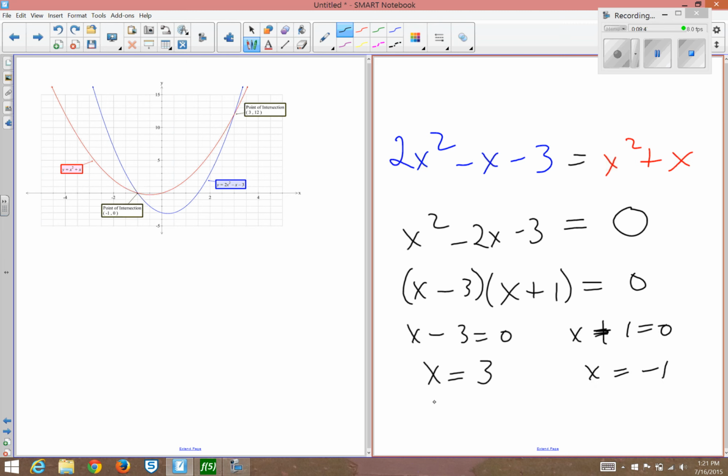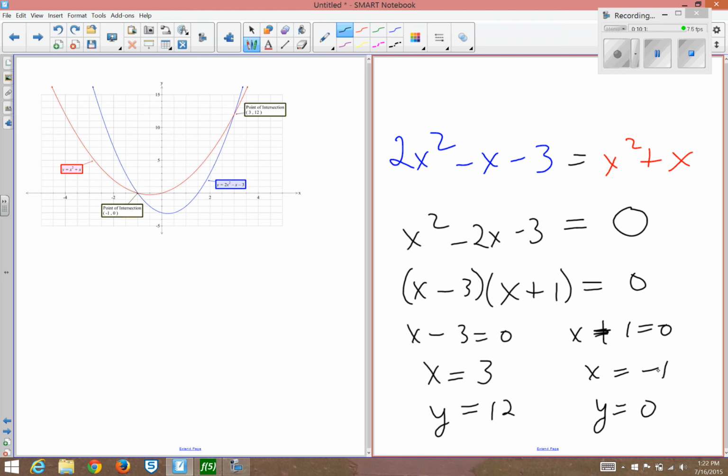And when x is 3, get the y by plugging 3 in the blue or in the red, either one. If you plug 3 into the red, 3 squared plus 3 is 12. You'd get the same thing if you plug 3 into this blue. Plug -1 into either. -1 squared plus -1 is 0.